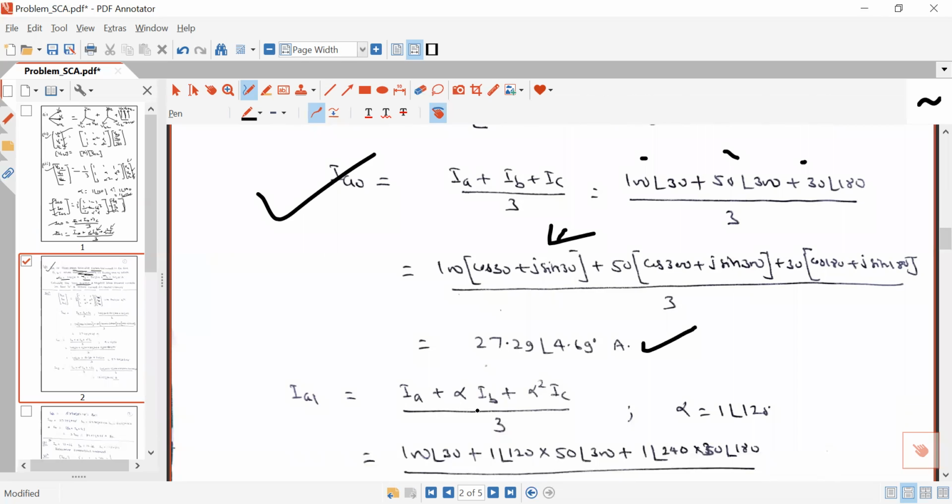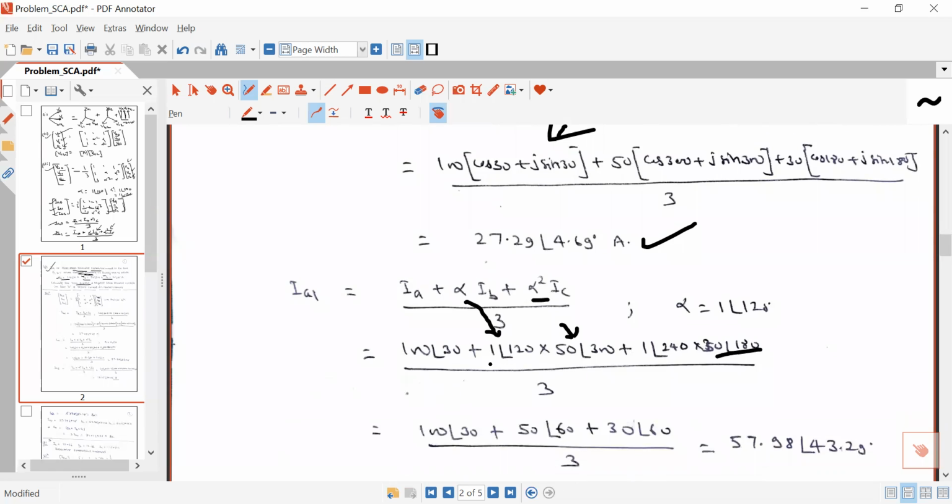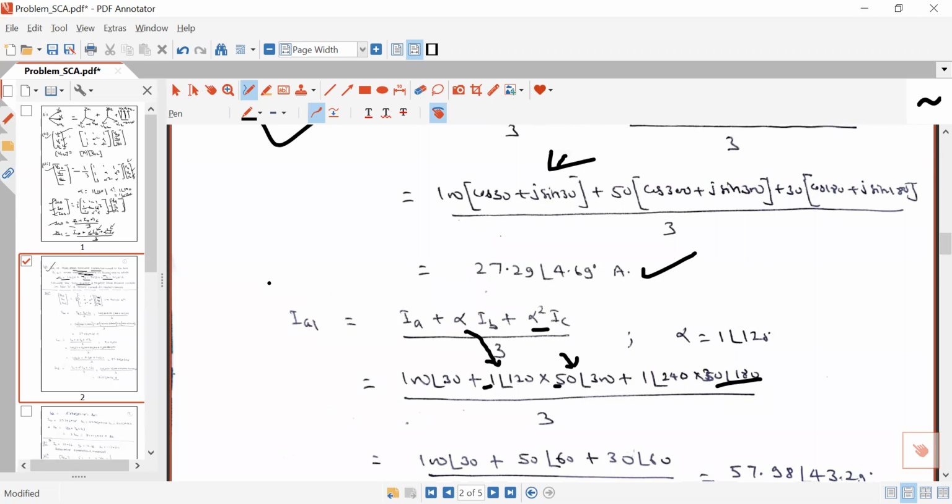Similarly, here you can see alpha is written 1 angle 120 and IB is given in the problem. Similarly, alpha square is 1 angle 240 and IC is given in the problem. And as you know, when you multiply two complex numbers in polar form, then the magnitudes will be multiplied but the angles will be added. You have studied this in first year.